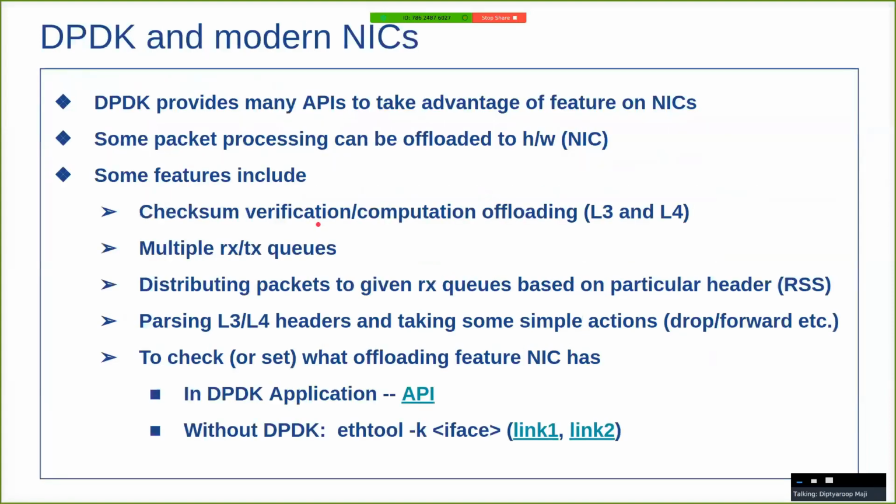Now we move on to the offloading features, and we'll talk about how, with DPDK, we can take help of modern NICs and offloading features to make our applications more efficient. DPDK provides many APIs to take advantage of the features on these modern NICs. Some packet processing can be offloaded, for example checksum verification or computation.